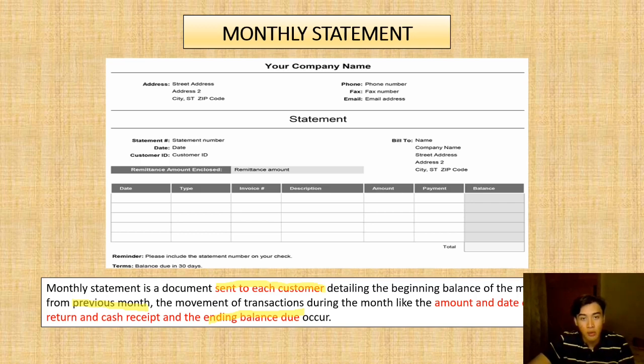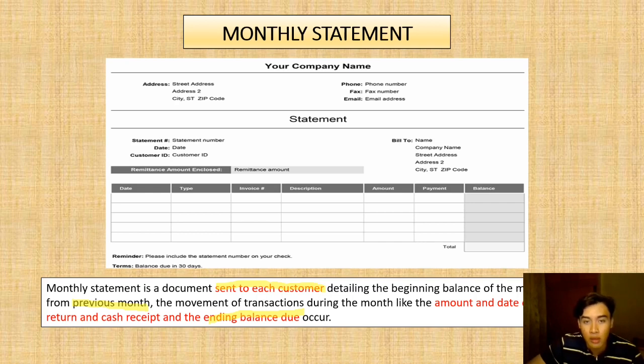Okay, so you can see here in the monthly statement, mula kita kena tulis alamat company kita and then phone number for sure. We have to write all this, so that all these details will help the customer to call kita nak cakap yang dia dah bayar ke, dia belum bayar ke.